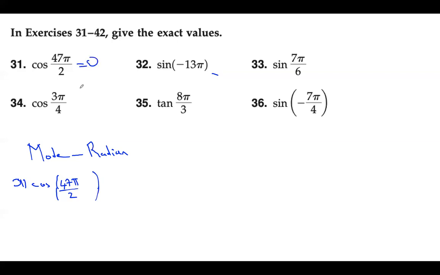Yeah. For the others, I will just write the answers. Sine, open bracket, negative 13 pi. Okay, again 0. This is also 0. The next one, sine 7 pi over 6. Sine, open bracket, 7 pi over 6.